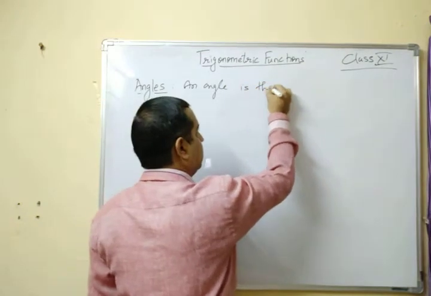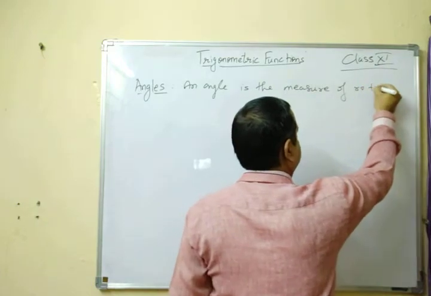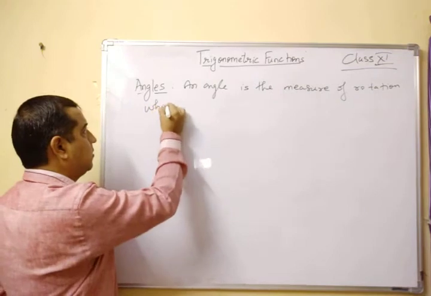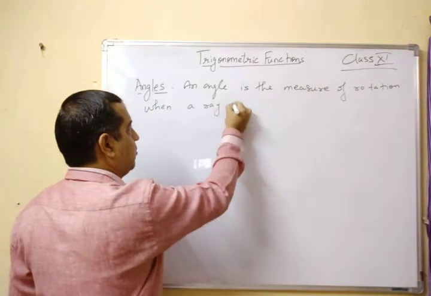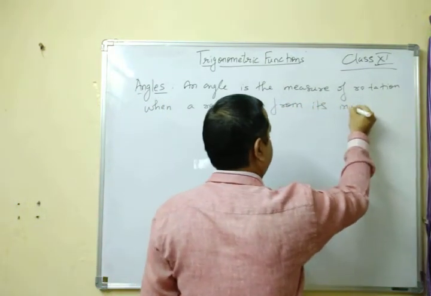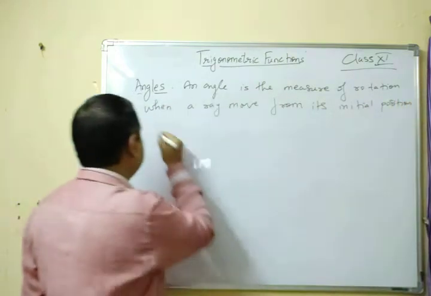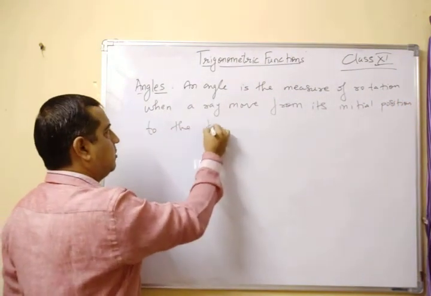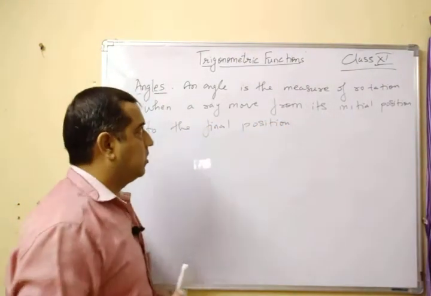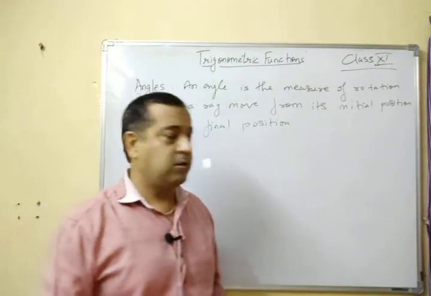An angle is the measure of rotation when a ray moves from its initial position to the final position. Okay, what is an angle? An angle is a measure of rotation when a ray moves from its initial position to the final position.